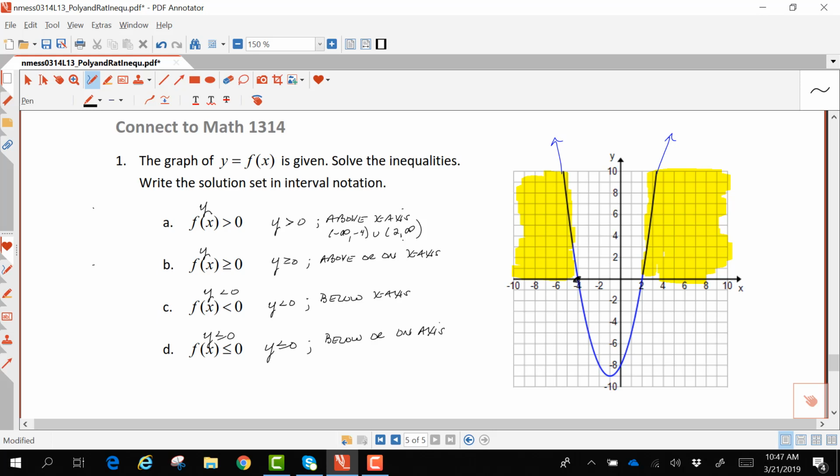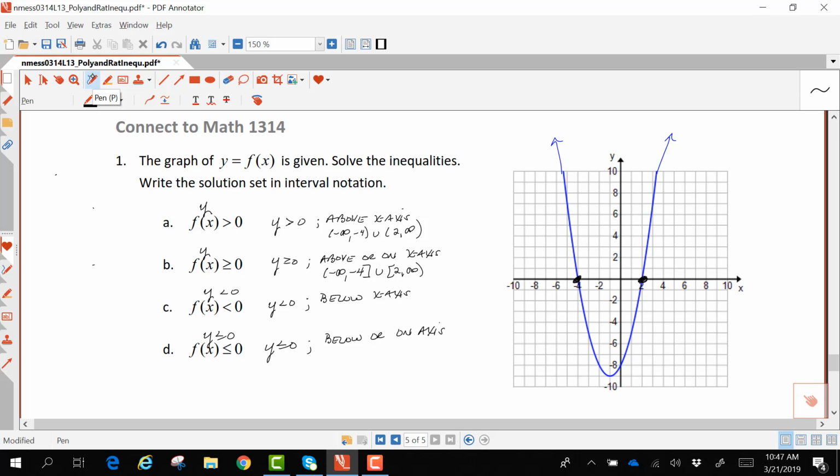In part B, it is asking where y is greater than or equal to 0, which is above the x-axis or on the x-axis, which means you may include the numbers -4 and 2. Therefore, this would be negative infinity to -4 with a square bracket on the -4, and then from 2 to infinity, including the 2. It now asks in part C for y values less than 0.